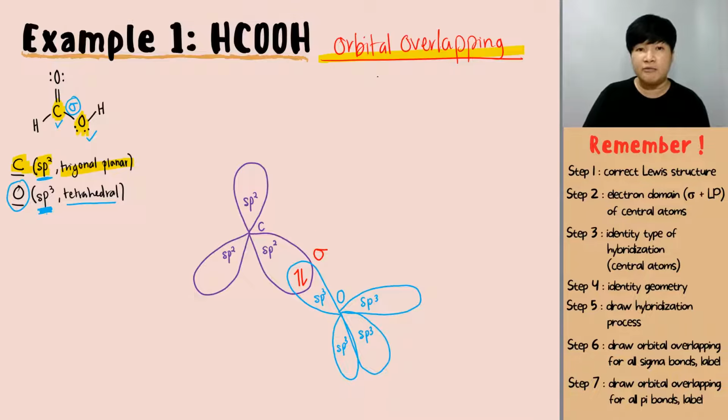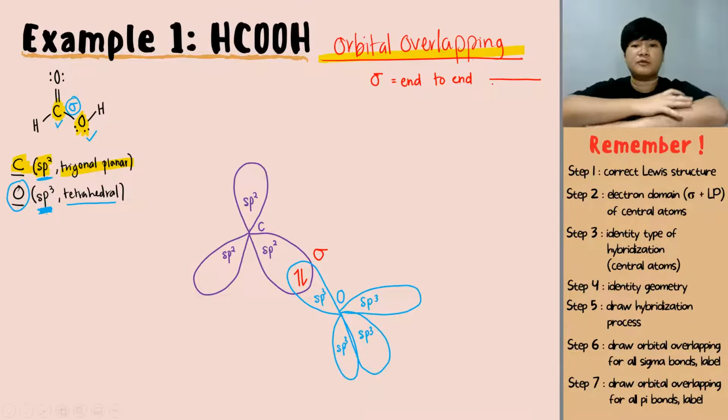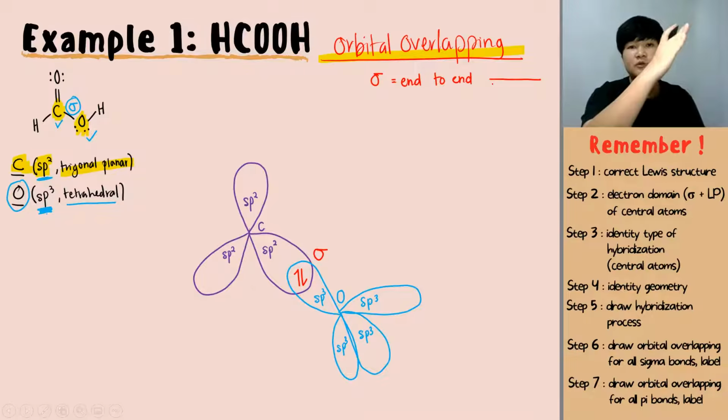Guys, bear that in mind, when it's a sigma bond, it must be end to end or head to head overlapping. End to end and head to head overlapping means they must be 180 degrees or they form a straight line. So make sure your sp2 and sp3 are forming a straight line. That is what we call end-to-end overlapping to form a sigma bond.